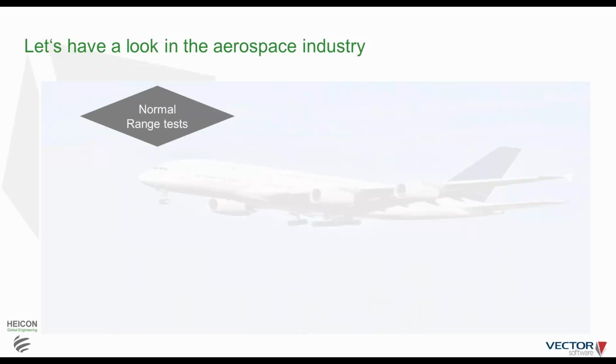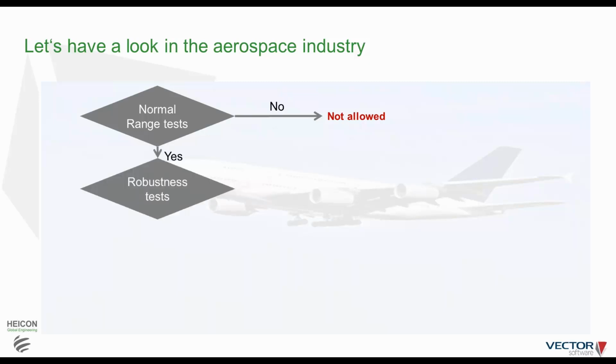Let's see what it is about normal range tests. If you go into the details of the aerospace standards, if you do not do normal range tests, then there is just no chance. Yeah, we have to do them. No, it's not allowed, it is not sufficient. If you have ever experienced aerospace, if you come up with some nice testing and you can't show that you have done robustness testing, you will fail certification.